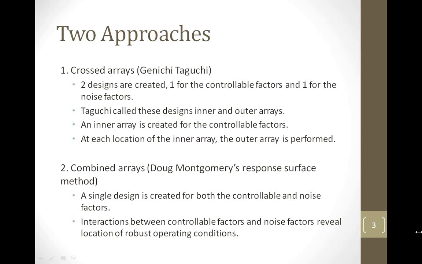And you can use the interactions between the controllable factors and the noise factors to estimate what would be good, robust operating conditions, to estimate where the standard error of the response would be small and where it would be large. So we'll see a second example using that response surface combined array approach.